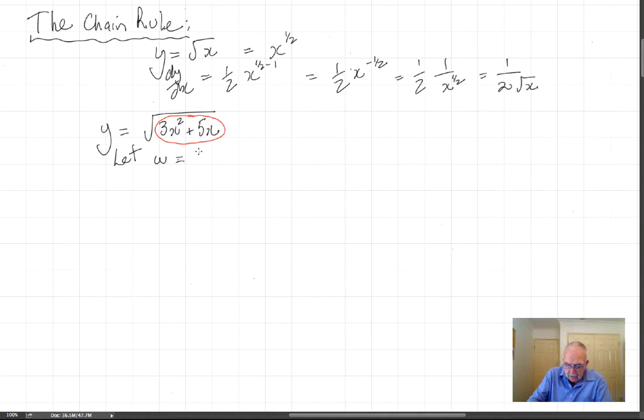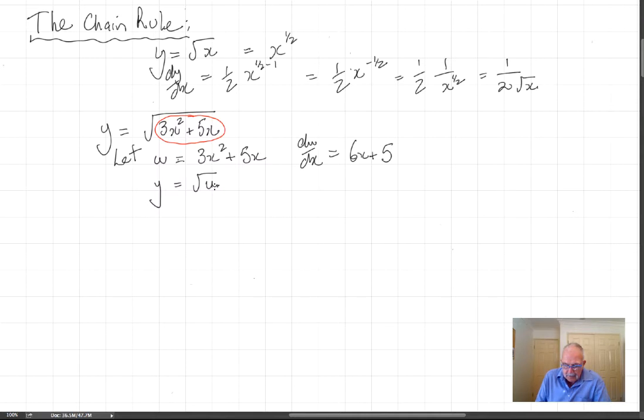So we'll let u equals 3x squared plus 5x, and then we can say that du dx is equal to, just apply our rule, so that'll be 6x plus 5. But now what we can do is, because u is equal to that, we can make y equals the square root of u.